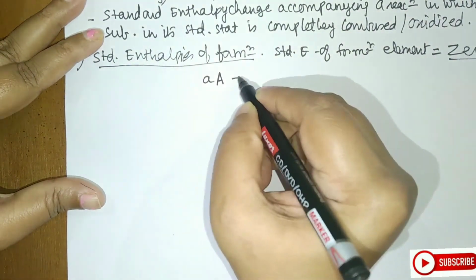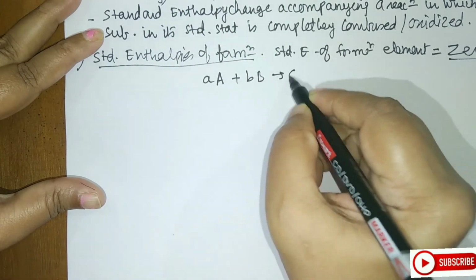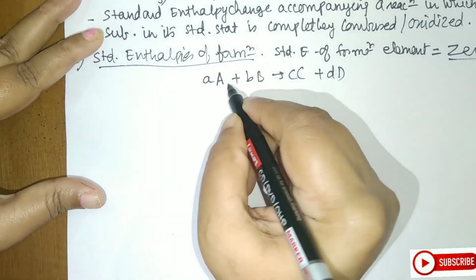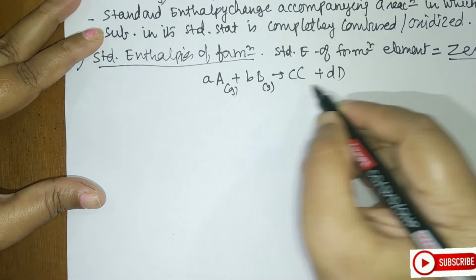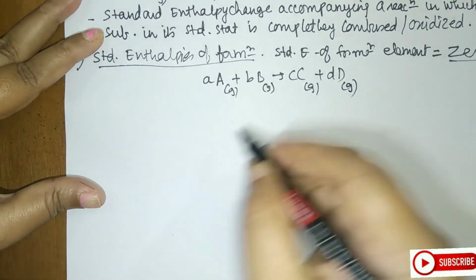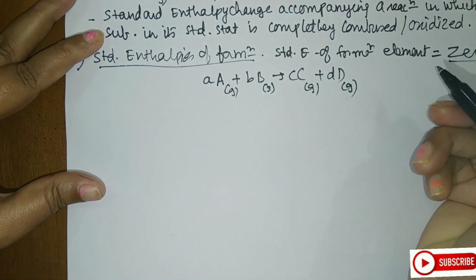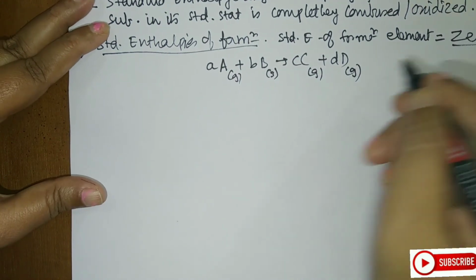If I take A plus B, in general the equation is considered. The physical states I have written as this. Enthalpy change is written, then what will be the standard enthalpy of the reaction? How you will give this?